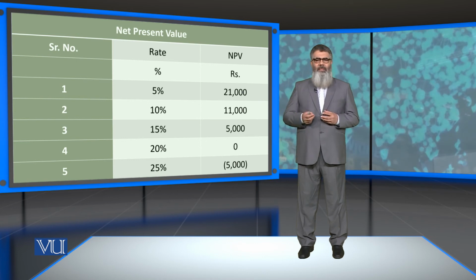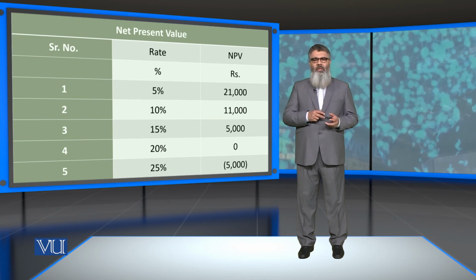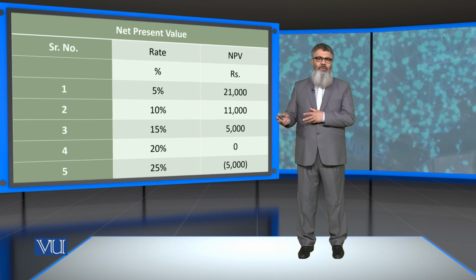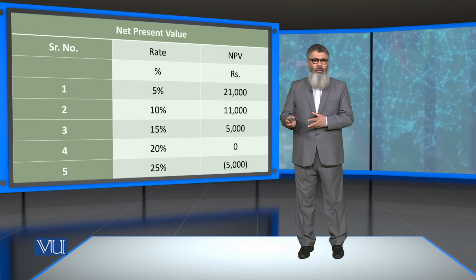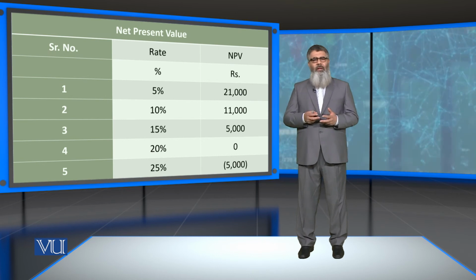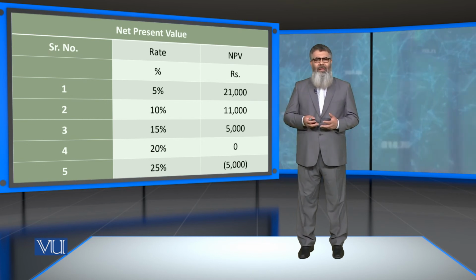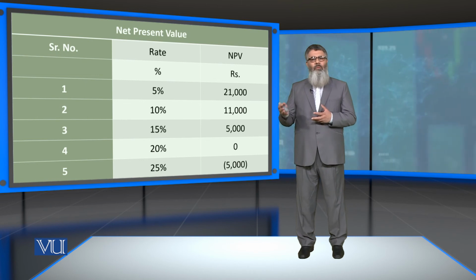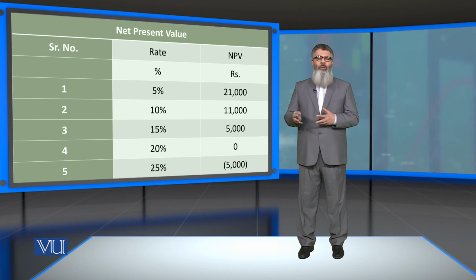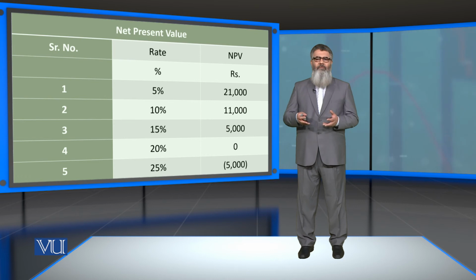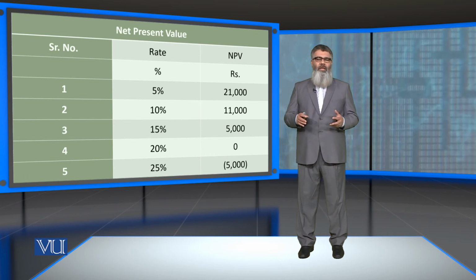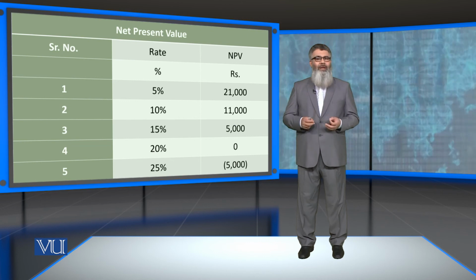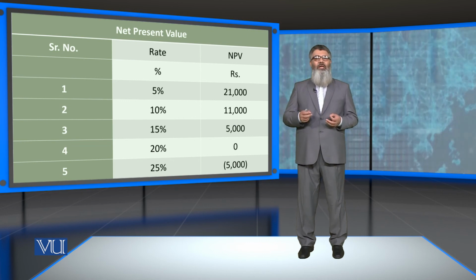In the first case, with 5% discounting rate, our net present value is maximum, that is 21,000, which is a positive value. लेकिन अगर हम डिस्काउंटिंग रेट को बढ़ा के 10% कर देते हैं तो हमारी नेट प्रेजेंट वैल्यू कम हो जाती है फ्रॉम 21 to 11,000 and it further falls to 5,000 if the rate goes up to 15 and at 20% it is 0.